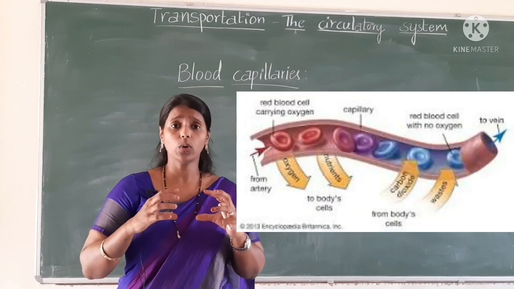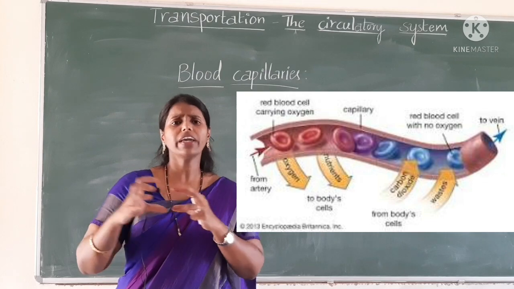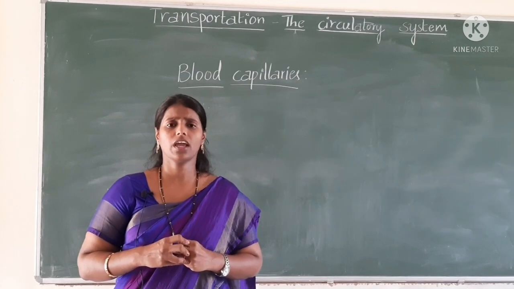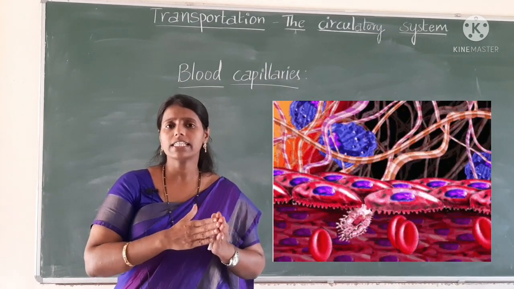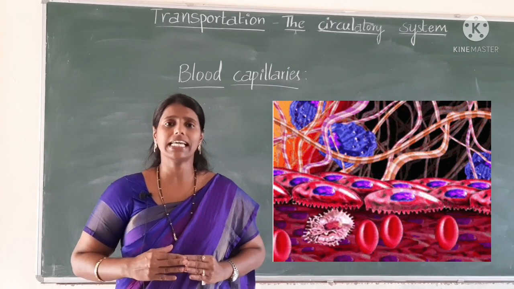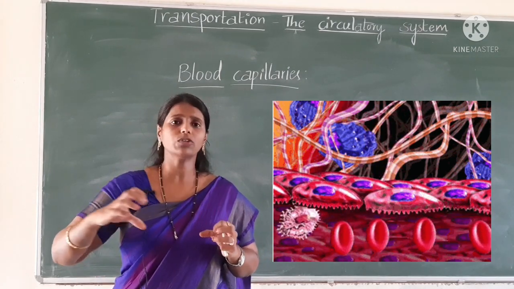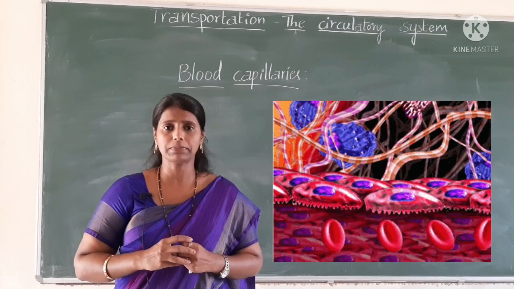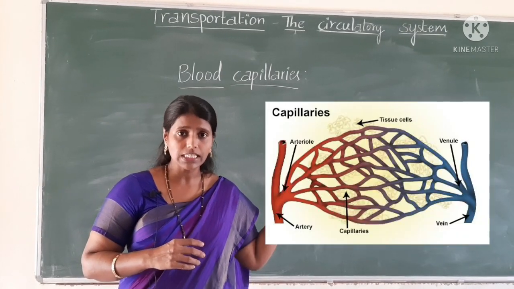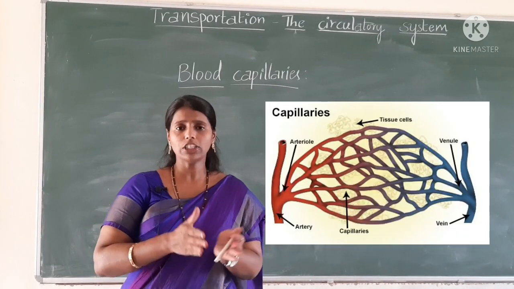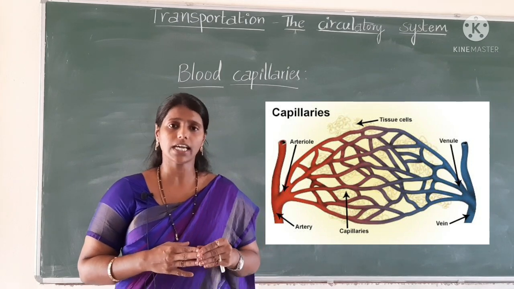They can diffuse various substances. The leukocytes or the WBC cells can squeeze out of these capillary walls. And these blood vessels form a continuation between the arteries and the veins.